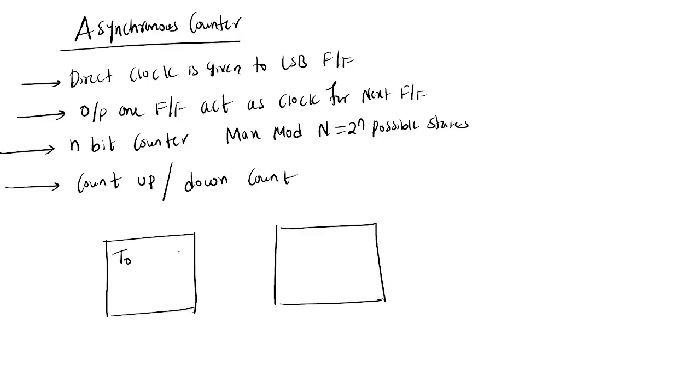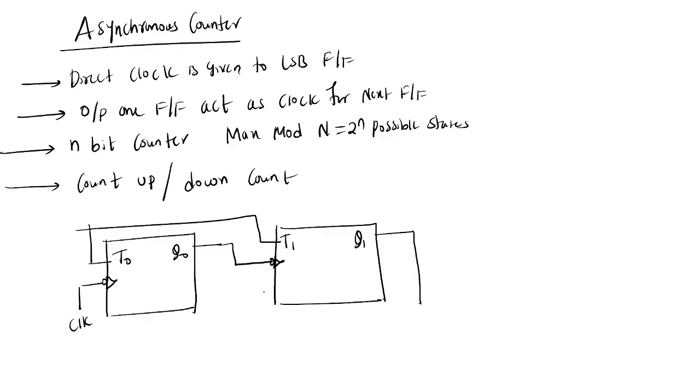Let us take T0, Q0, and the negative edge of the clock. This Q0 is acting as a clock for the next flip-flop, and this is T1 and Q1, and so on.